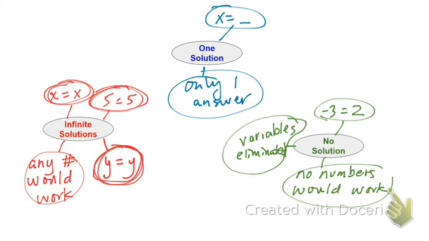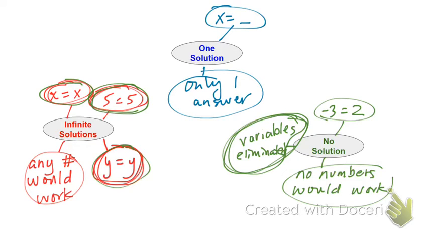All right, so for no solution, my variables are eliminated. Okay, there's no more x values or y values. Kind of the same with the infinite solution. There are no more variables, right? I know you see x equals x, y equals y, but I could technically subtract x on both sides or y on both sides and eliminate my variables.